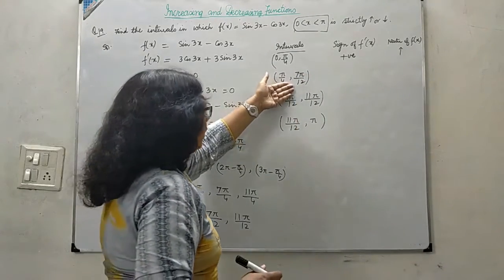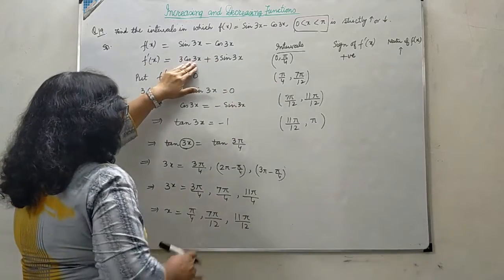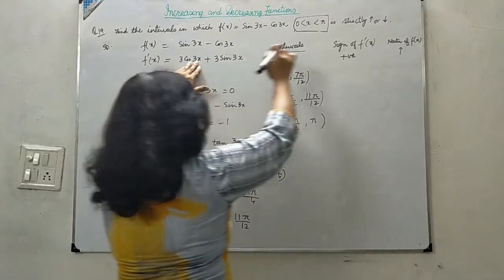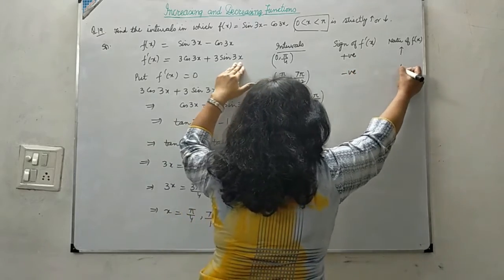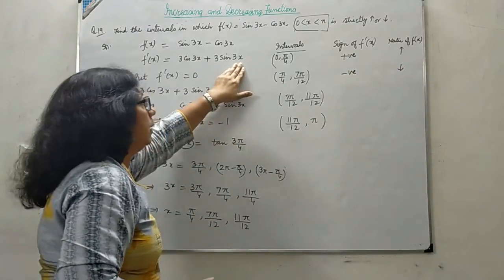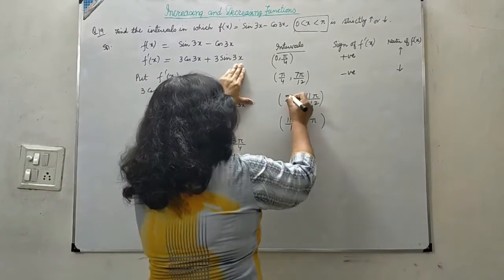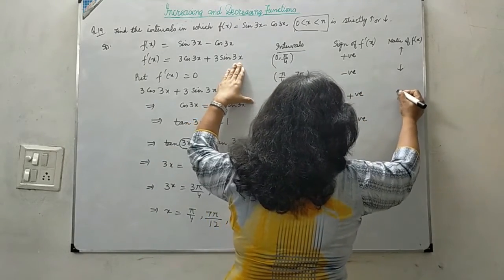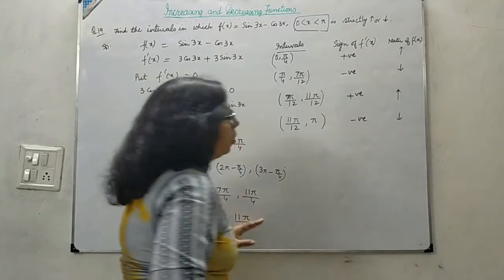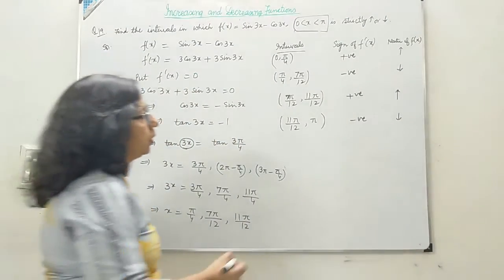Let me take pi by 2. If I take pi by 2, then cos 3 pi by 2 is 0, and sin 3 pi by 2 is negative. So this is negative, so the nature of the function is decreasing. And the next also in the same way, this is positive and negative, you can cross check yourself. Now we have checked the nature of the function.